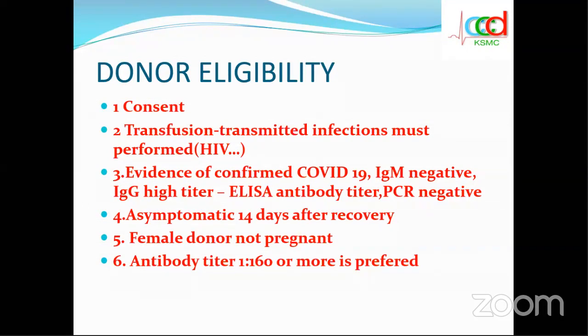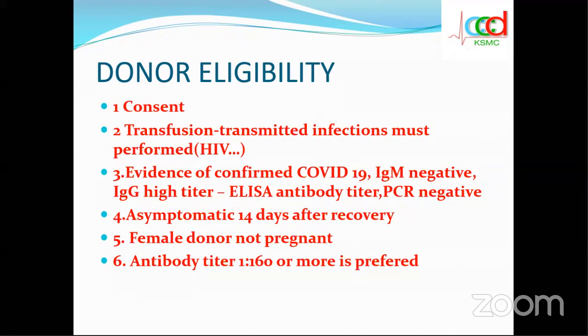The IgM will be negative. The IgG titer will be positive by ELISA antibodies, which we explained, to check the IgG for COVID-19. So if the titer is high, it will be better. Of course, the donor is supposed to be asymptomatic 14 days after recovery. So this is after the recovery, 14 days.